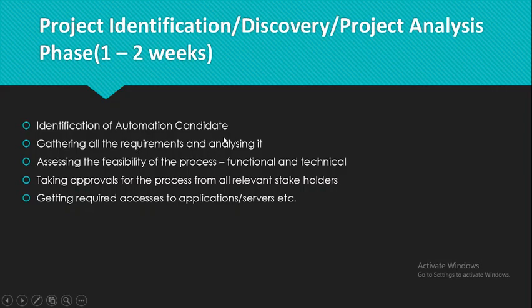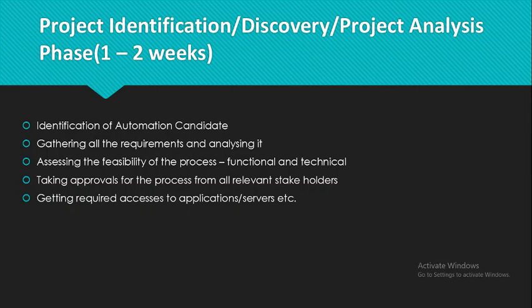If you are a business analyst, or looking to be part of a business analyst role, then your main role will be identification of different kinds of automation projects in your particular company or project, be it any domain.